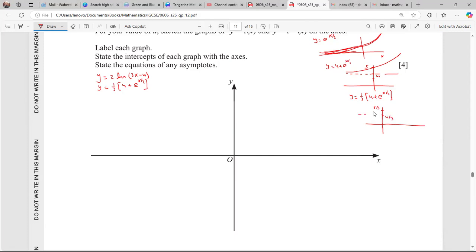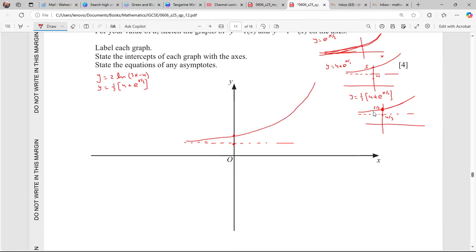So my asymptote is at 4 by 3 and the graph crosses the y-axis at 5 by 3. So 4 by 3 is somewhere here and 5 by 3 is somewhere here. Here is my asymptote. I'm not very good at freehand plot, and it is going to be something like this.